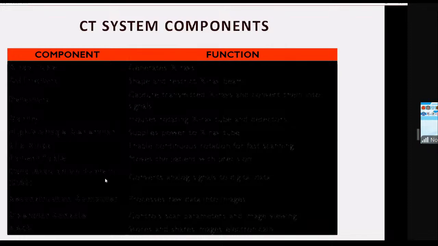Then the data acquisition system, which is also an important system, converts the analog signal to digital image data. Then the reconstruction computer processes the raw data into images.